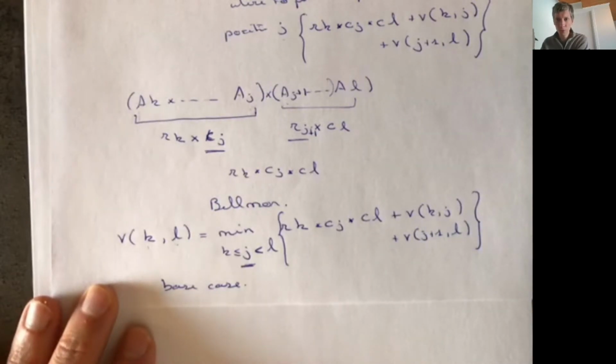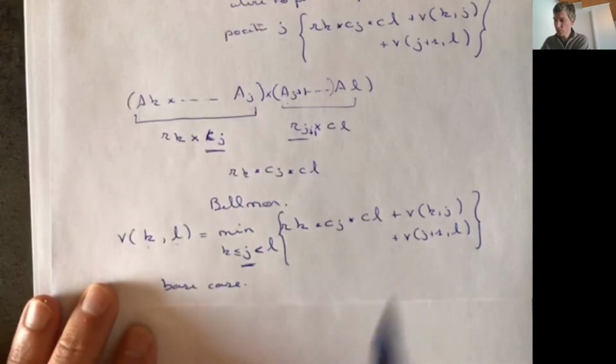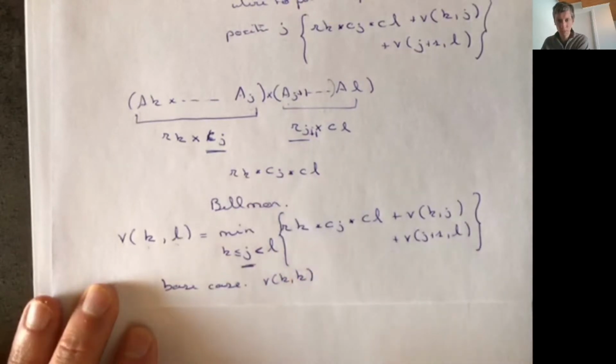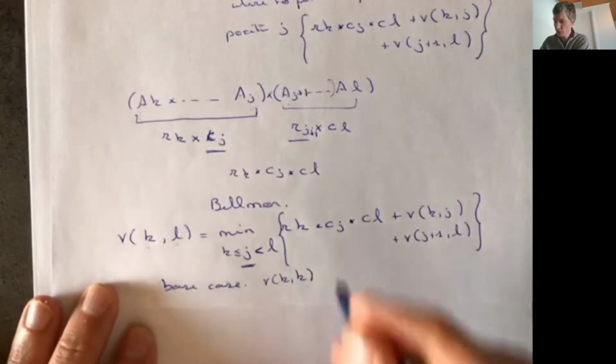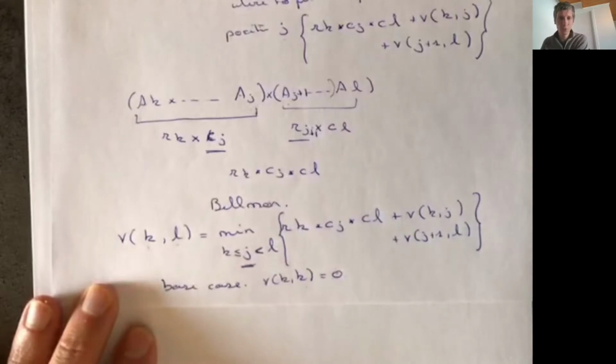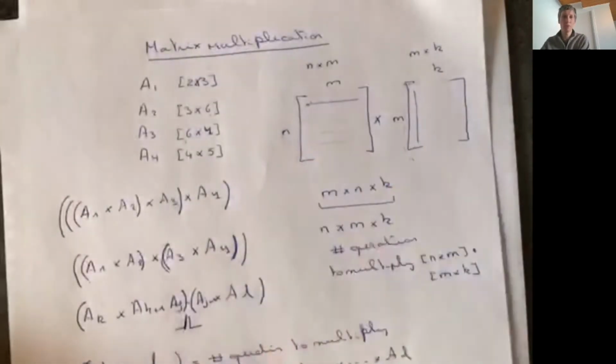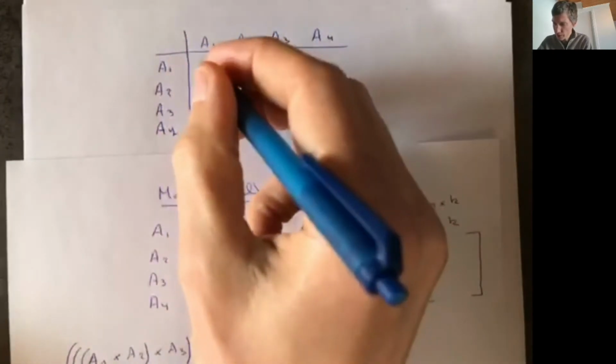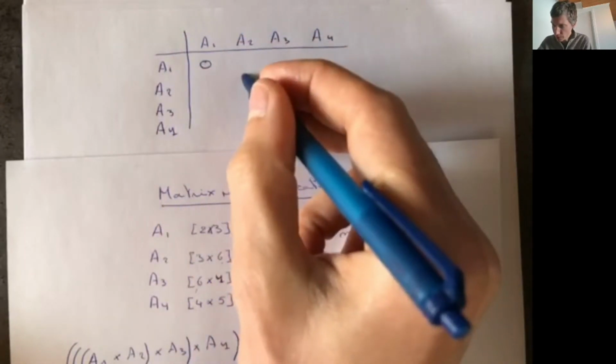Okay, so what's the smallest subsequence? The smallest subsequence will be where there's only one matrix, right? So this is V_KK, for example, and this is only one matrix, so here the number of operations is going to be 0. You don't have to do anything to multiply a matrix by nothing. Okay, so that's what's stated there. So if you use the base cases, then these will be the ones on the diagonal.